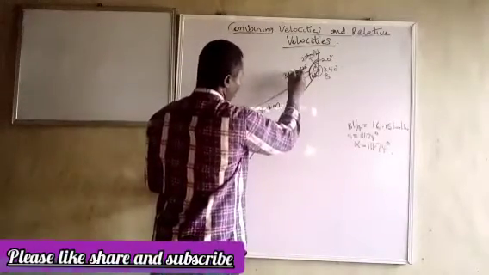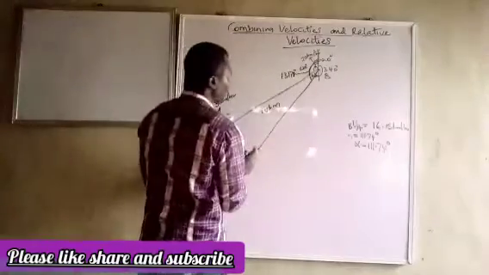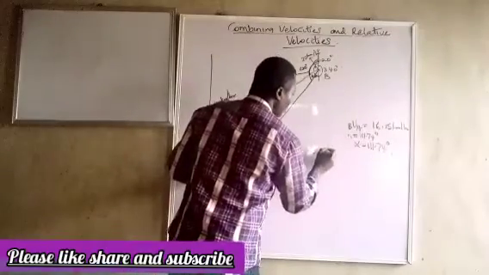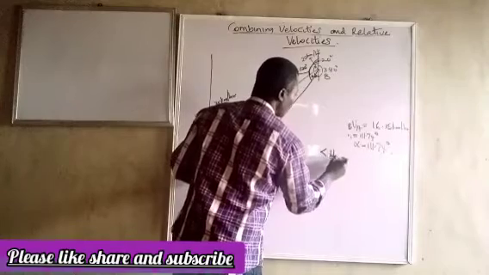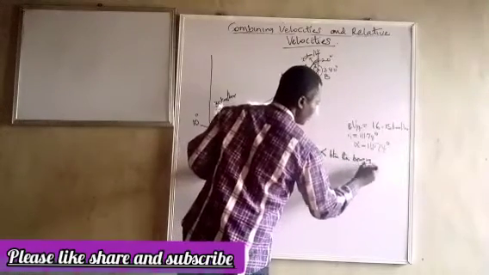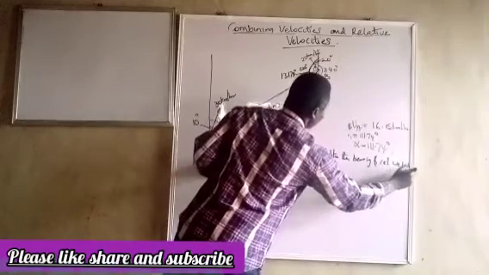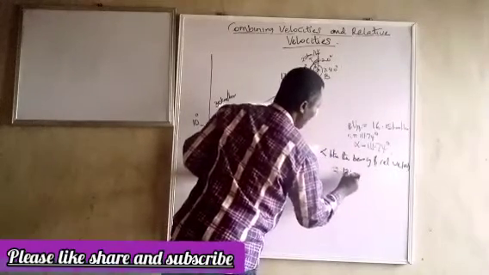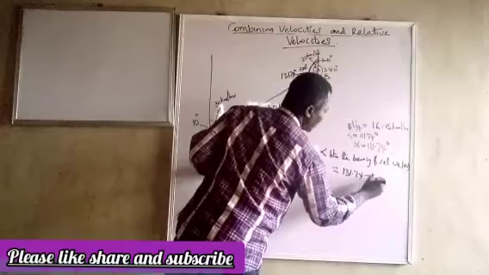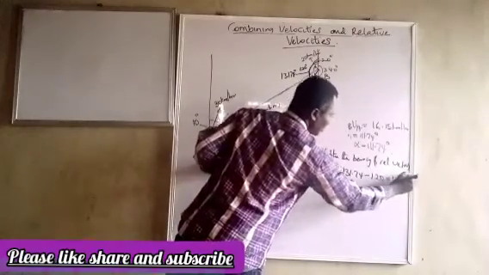So that's how we got 131.74. The angle between the bearing and the relative velocity is equal to 131.74 minus 120, which is equal to 11.74 degrees.